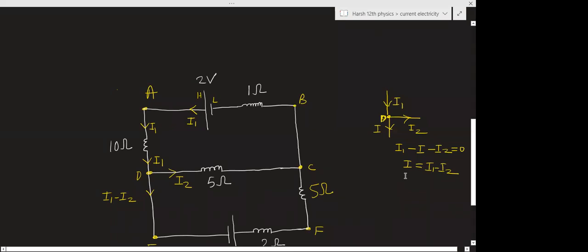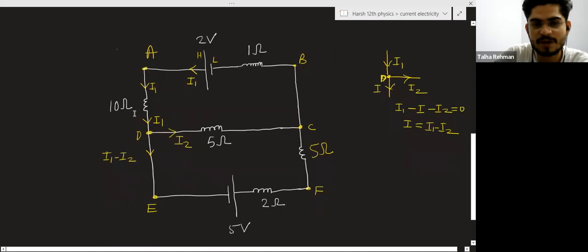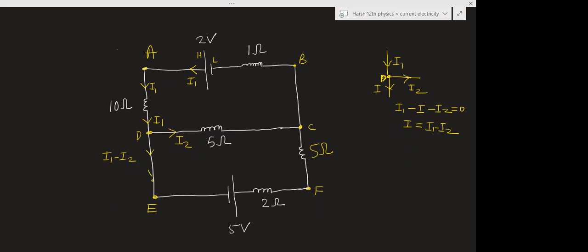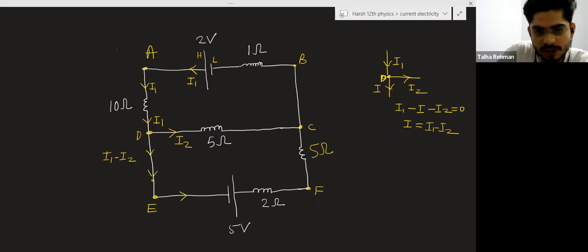No need to apply this, because you know that if you have I1 current here and I2 goes here, then I1 minus I2 current will go in this wire. So here also the current is the same.